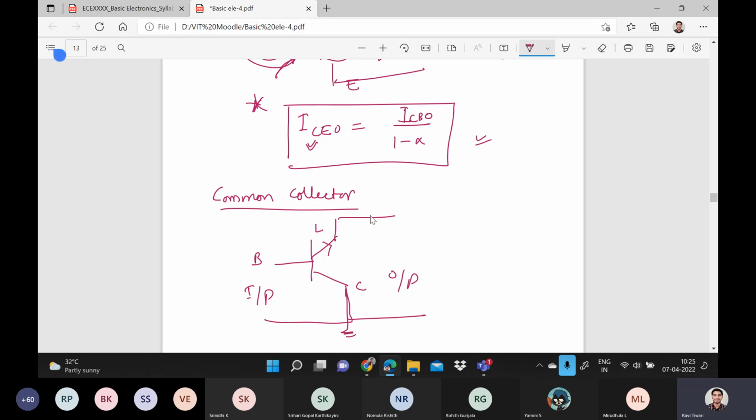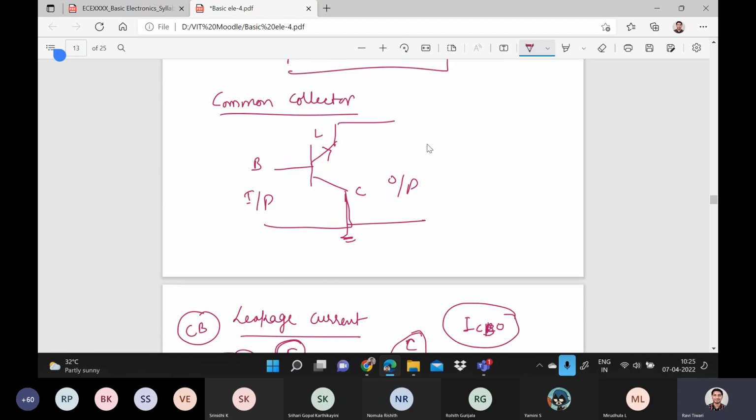This is the common collector case, right? And again, you can add the resistance and make it reverse bias, and this is forward bias, right? If you are drawing an NPN transistor, this N will be connected to positive, negative like this, and this is positive, negative. That you know, right? How to connect forward and reverse bias.